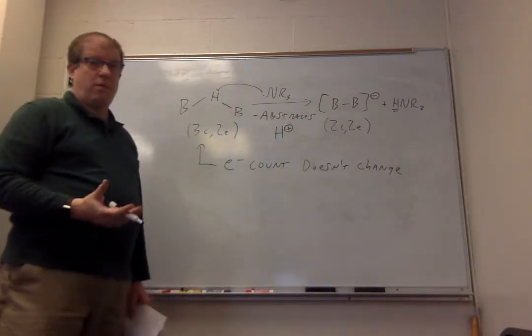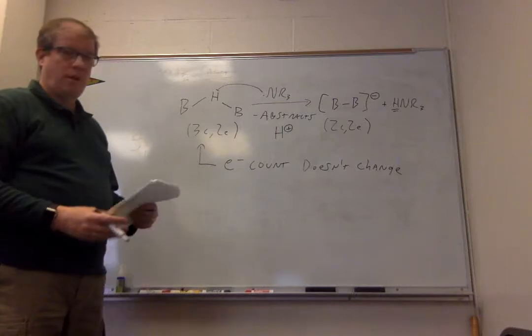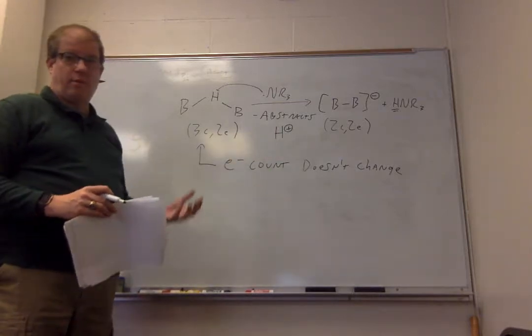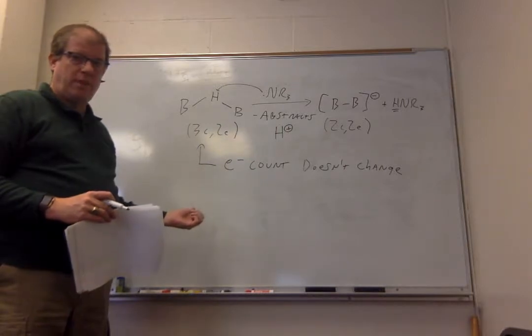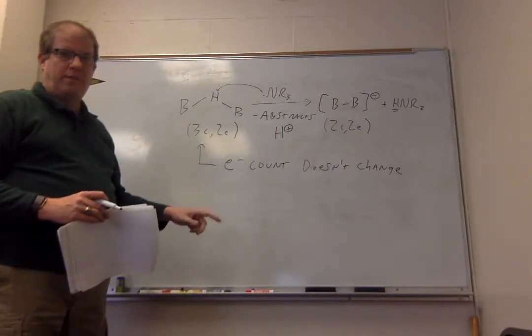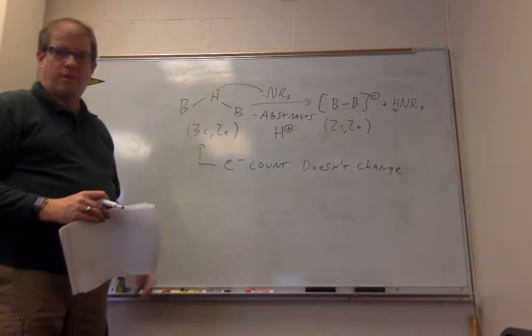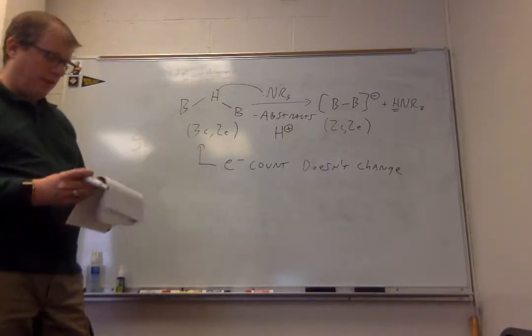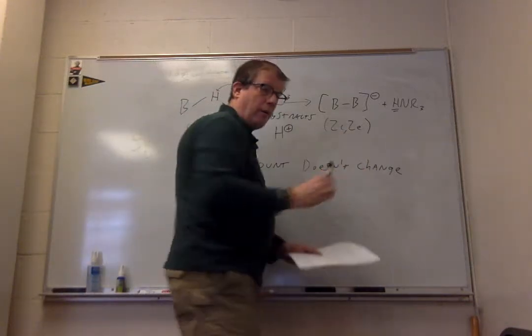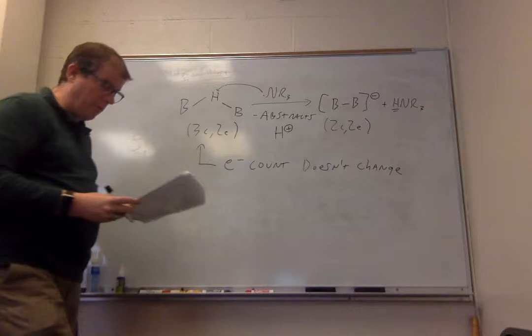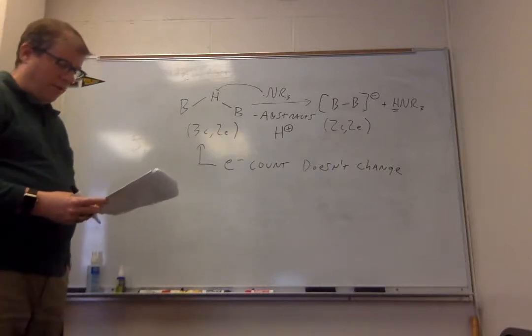We have the same number of boron atoms and the same electron count, because what you removed is this proton that has no electrons with it at all. So because the number of boron atoms stays the same and the number of electrons stays the same, the geometry stays the same. The only thing that you're doing is generating a bona fide 2-center 2-electron bond between 2 borons, which can also happen.